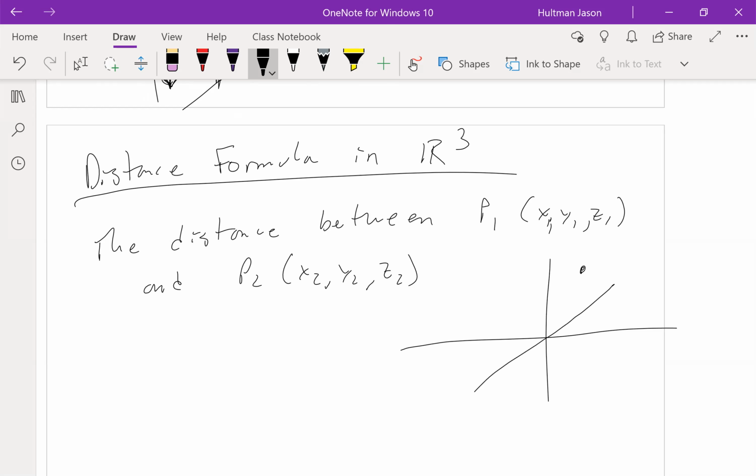Maybe from point here to point here, and then we want to find the distance through 3 space, right? Through 3 space, we would have to go right over an amount, and then up an amount. All the lines should be parallel.